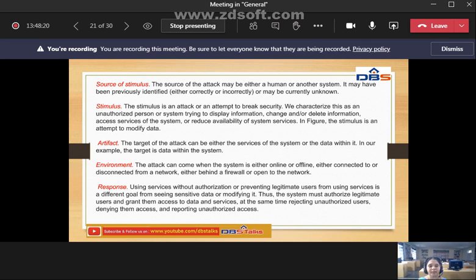Next, environment. The attack can come when the system is either online or offline. So, environment means the state of the system.